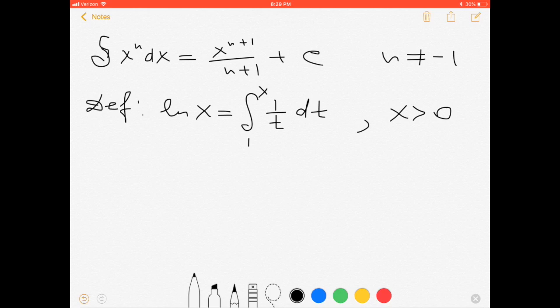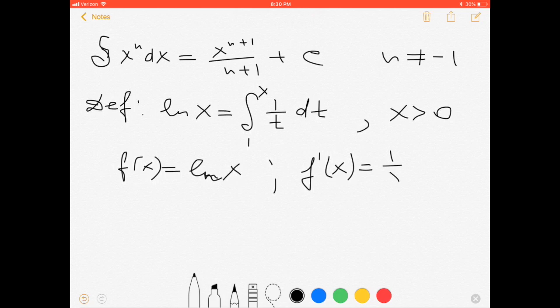What kind of information do we have about this function? If the function f(x) is natural logarithm of x, this means its derivative is 1 over x, and its second derivative is minus 1 over x squared.